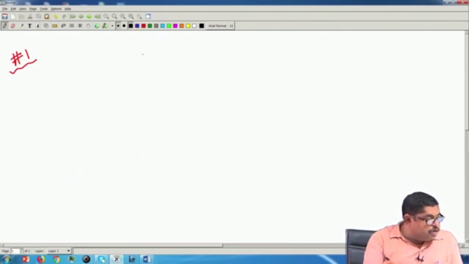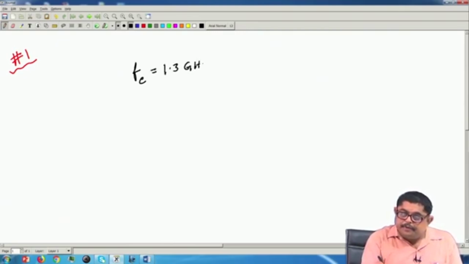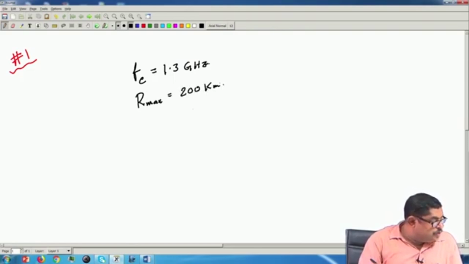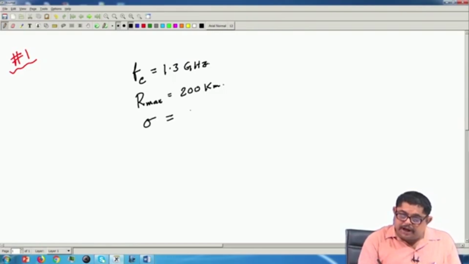If you read, it is given that frequency, that means the carrier frequency, is 1.3 gigahertz, then maximum range R max is 200 kilometer, then RCS of the target that is to be detected is 1 meter square.